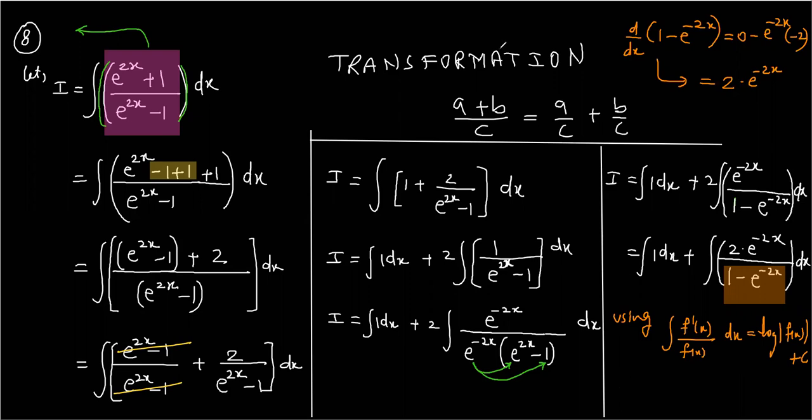I equals x plus log of mod of 1 minus e raised to minus 2x plus c. This is the final answer. I hope you have understood. Pause the video and copy it.